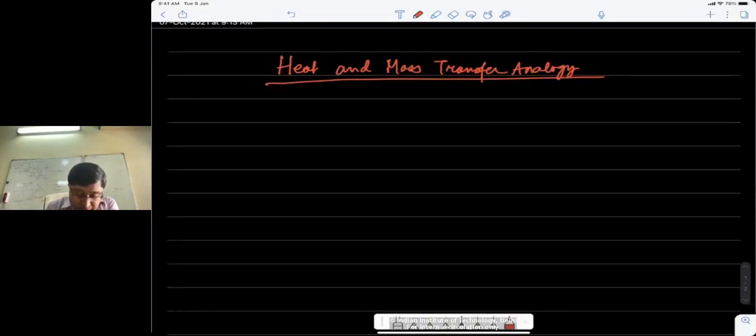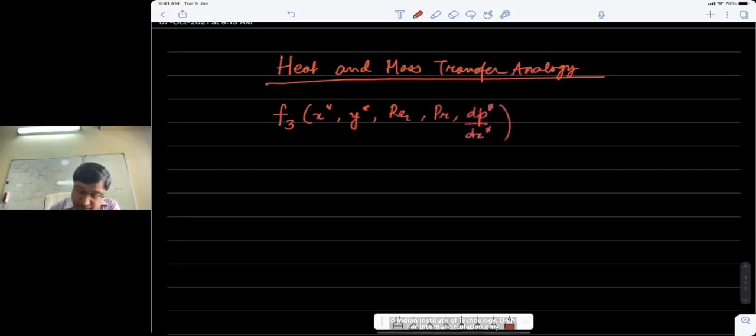If you remember, the non-dimensional temperature was written in terms of a function f3, which was a function of x star, y star, the Reynolds number, Prandtl number, and dp star dx star.